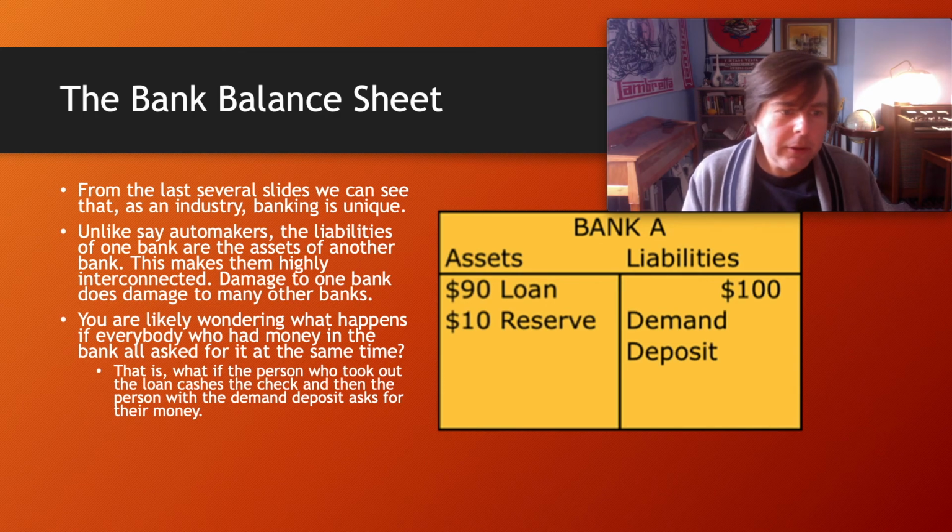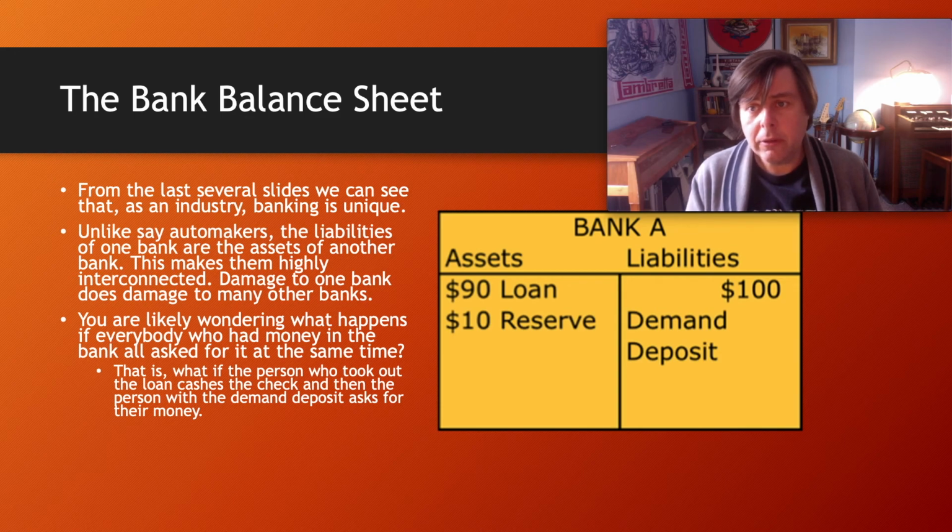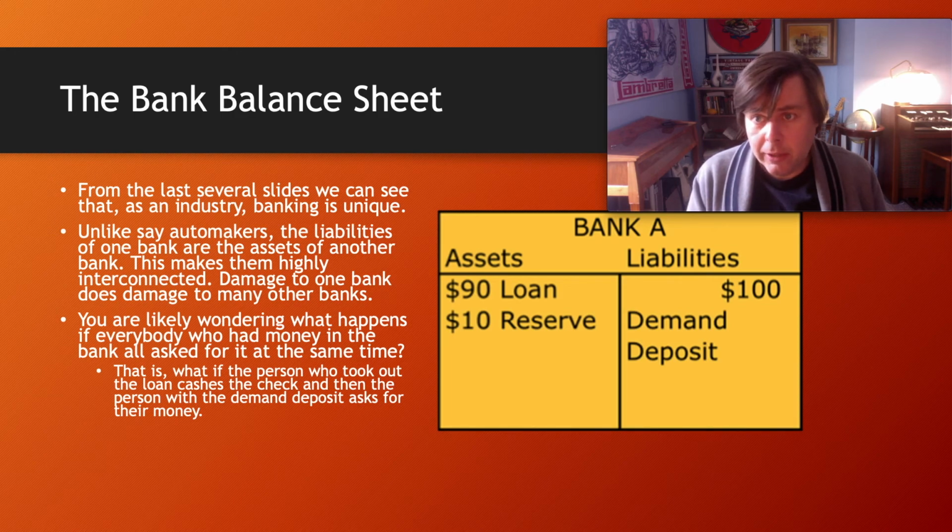Well, it means that if a bank is holding as its assets the liabilities of some other bank, and that bank is no longer able to cover its liabilities, then of course it damages the asset side of the other bank. So if we have some banks that make a bunch of bad loans that it cannot recover, that is very likely going to damage the balance sheets of other banks that had nothing to do with those bad loans.